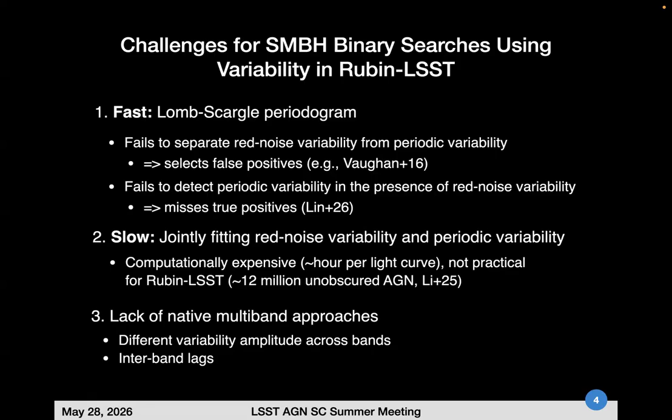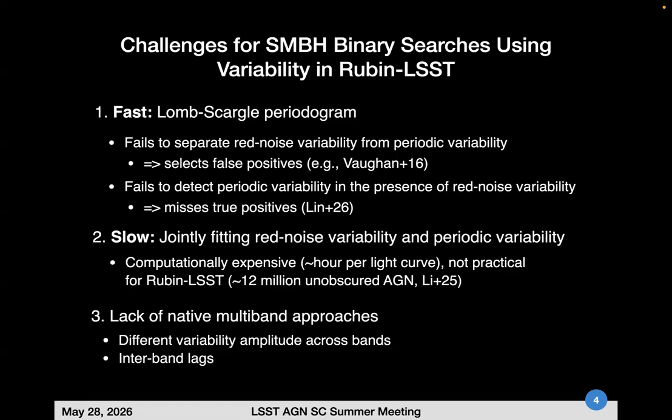There are ways to get around that, which is perhaps doing joint fitting of the red noise part of the variability and the periodic part of the variability. But historically it's very slow, on the order of hours. From some talks given in this workshop, we see this has probably gone down by some factor, but still I would say on the order of tens of minutes, or 10 minutes, a few minutes, on single-band light curves, which is not scalable, or very hard to scale, to LSST data sets.